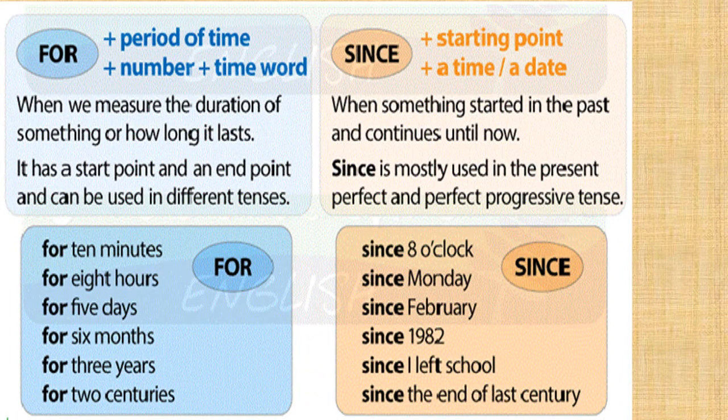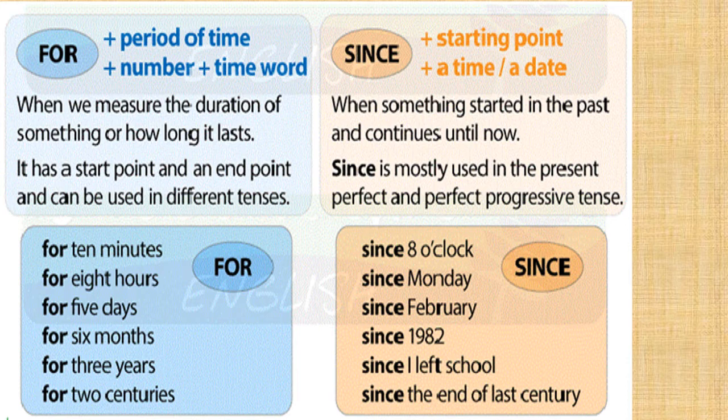Now let's talk about for and since. Both words have the same meaning. However, after for, we put a period of time, or a number plus a time word, when we measure the duration of something or how long it lasts. It has a start point and an end point and can be used in different tenses.